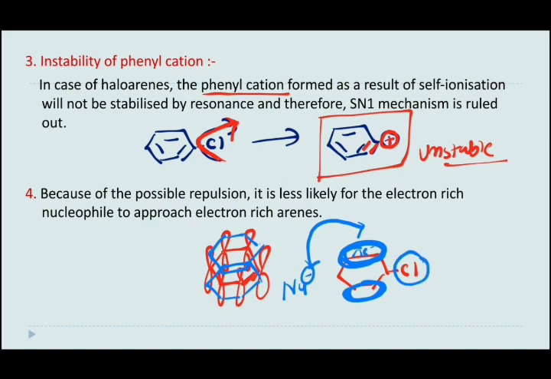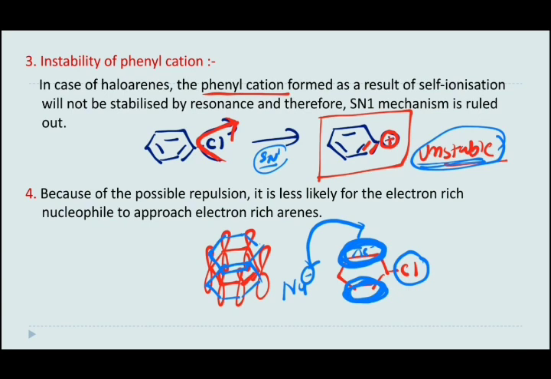This is also a factor that in haloarenes, both SN1 and SN2 mechanisms are less feasible, because in the SN2 type mechanism this pi electron density will repel the nucleophile, and if we consider an SN1 like mechanism, then this phenylcation is unstable.